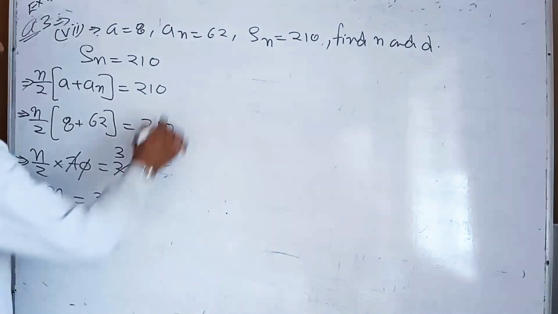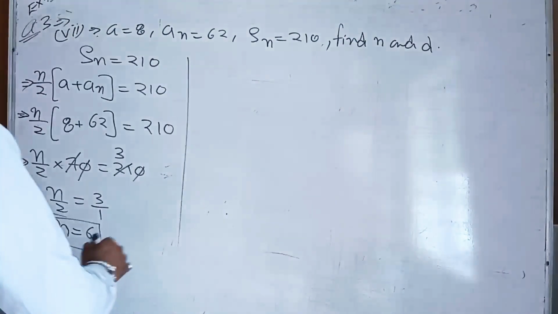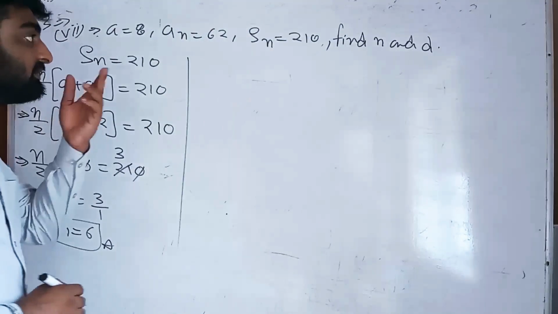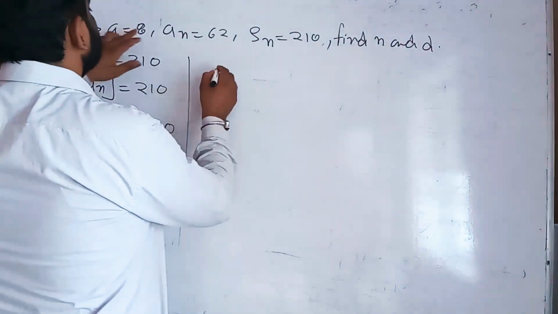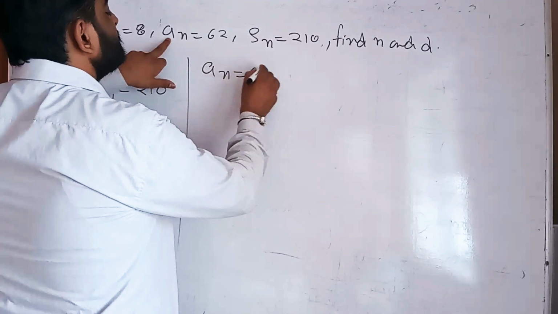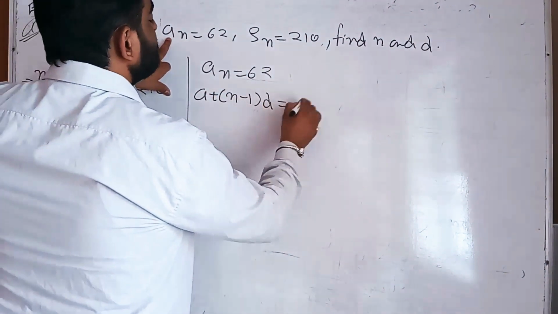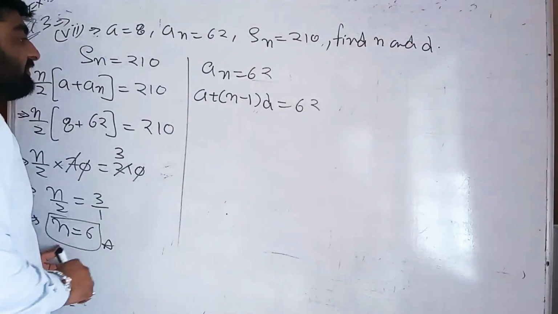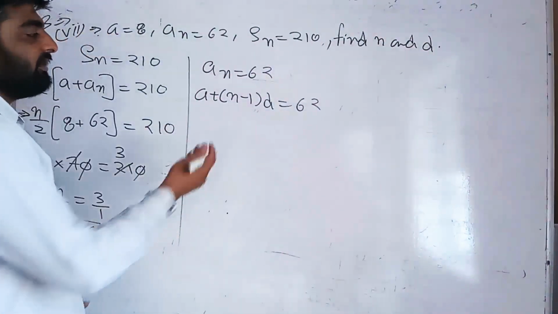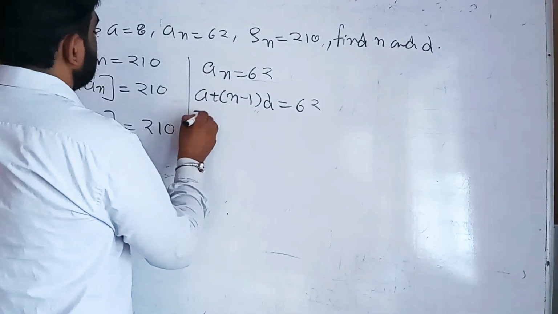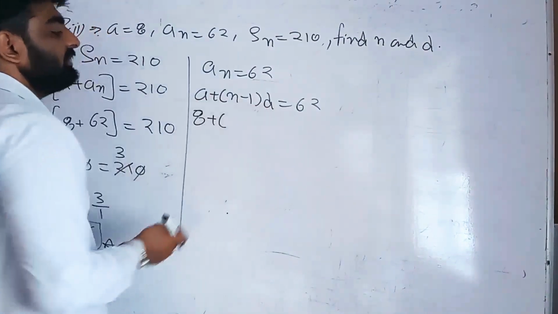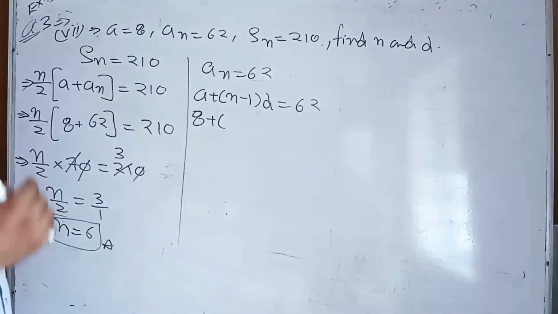Now that n equals 6, you have to find the value of d, so consider an = 62. Here an = a + (n − 1)d = 62. Here n is given and a is given, so you can easily find d, because a = 8. Of three unknown terms, two are given, so you can easily find the third.